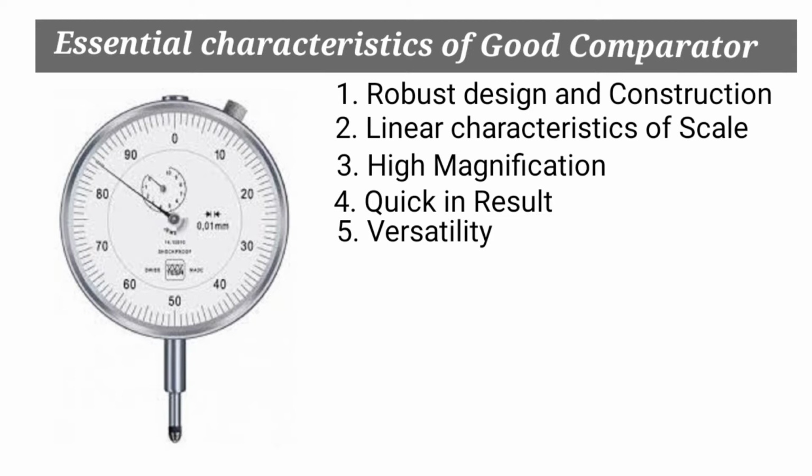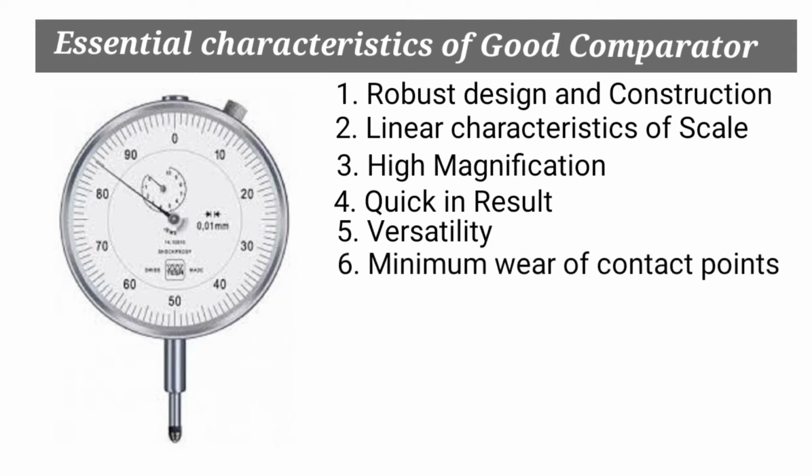So the comparator should be versatile. Minimum wear of the contact points. The measuring plunger should have a hardened steel contact or a diamond to minimize wear. Further, the contact pressure should be low and uniform.